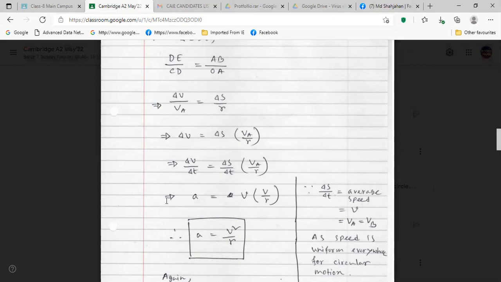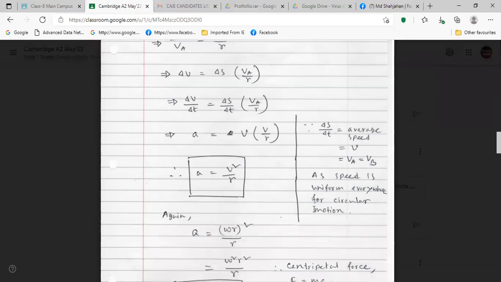Then del V by del T is A, equals del S by del T, which is V, times V by R. Here we have VA equals VB, as speed is uniform everywhere in circular motion.